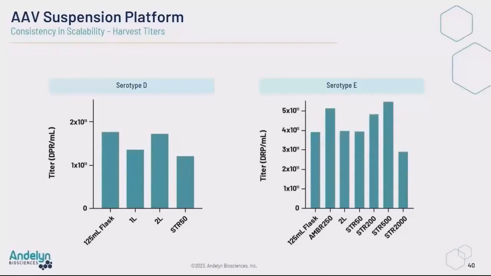In fact, we're fairly confident. We've shown this a number of times now that once we get into 2-liter scale, we're very confident scaling beyond that into 50, 200, and all the way to 2,000 liters.